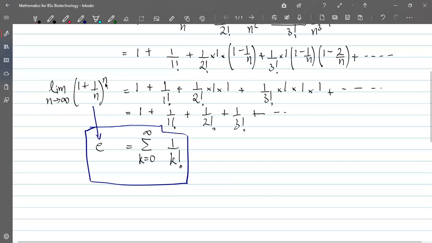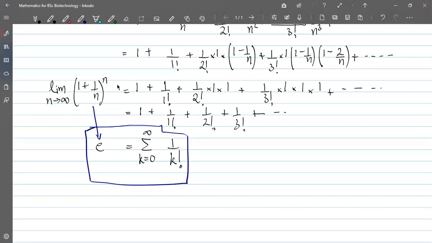If you take n equal to 2, you will get 1.5 to the power of 2. So that's 2.25, right, and so on. So if you go to larger and larger values of n, you are getting something close to 2.7128 something. So you can also get that from this series.